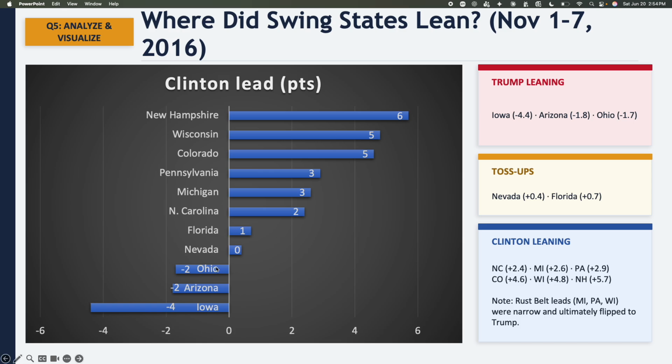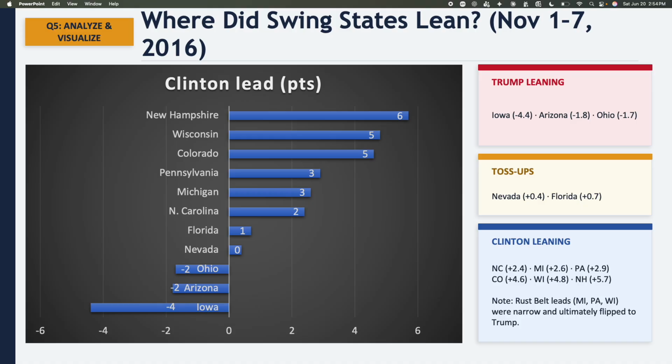We can see Iowa, Arizona, and Ohio were all leaning Trump, with Iowa the most decisively at -4. Clinton was leading in the states on the right, but most of these leads were in the 2 to 5 points range, so not huge, but the difference was real.